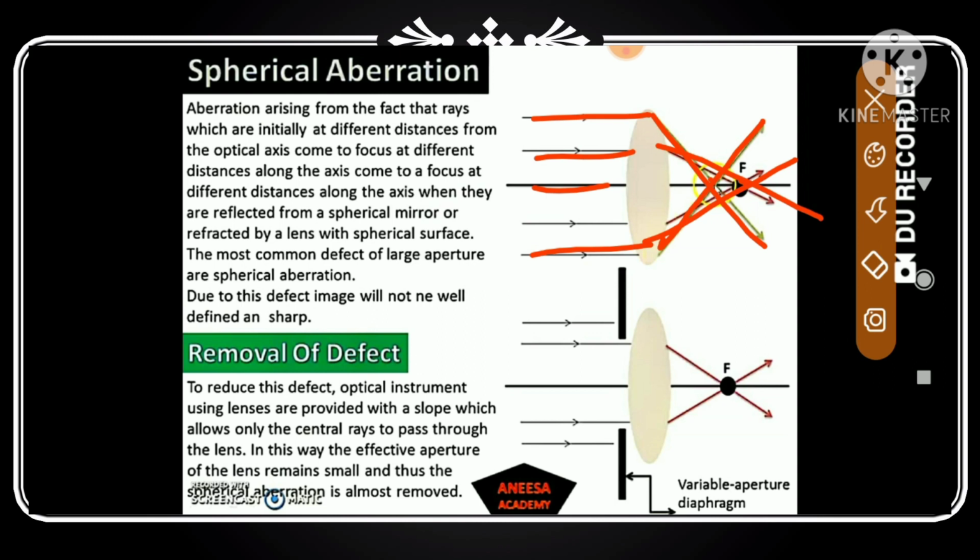When they are reflected from a spherical mirror or refracted by a lens with spherical surfaces, the most common defect of a large aperture is spherical aberration.